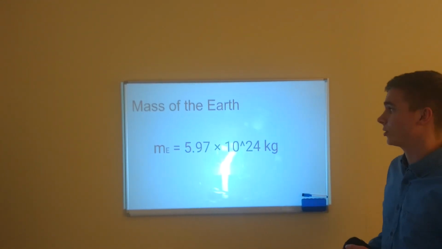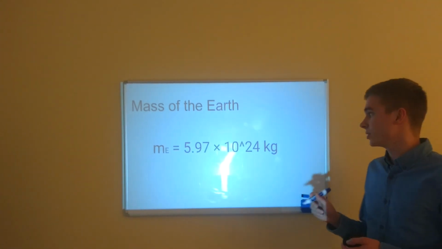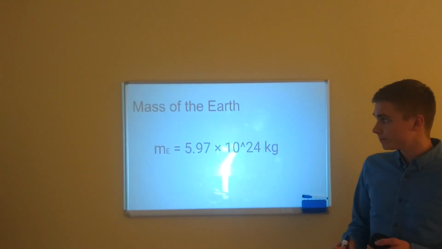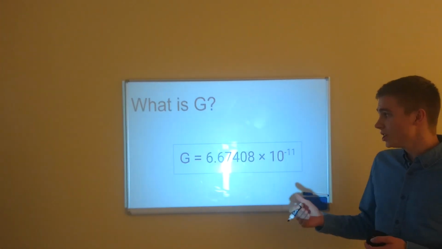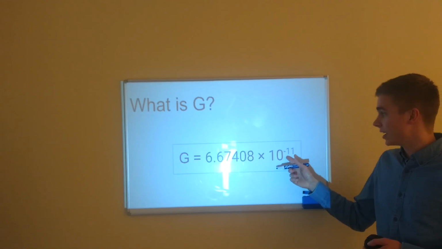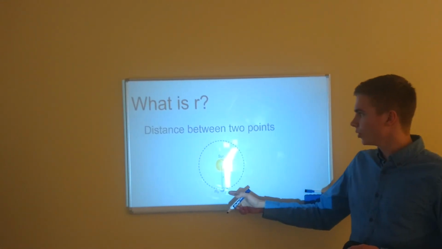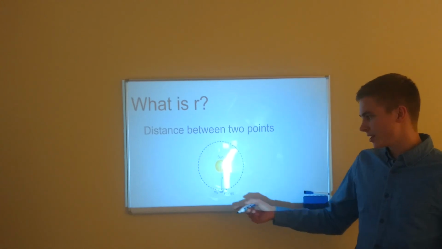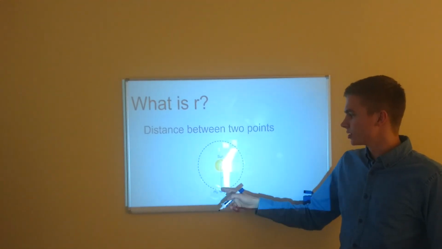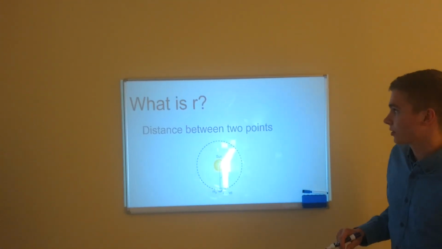The mass of the Earth, and make sure you take note of this, is equal to 5.97 times 10 to the 24 kilograms. Remember that G is equal to 6.67 times 10 to the negative 11. And r stands for the radius of the orbit, the distance from center to center between these two objects.